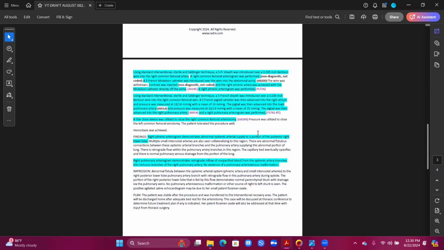So we're going to jump down into the findings, and we're going to make sure that we have diagnostic findings for the imaging that was performed. We see the findings documented for the right phrenic arteriogram, and then we also see the findings documented for the right pulmonary arteriogram as well. And then the impression is reiterating those findings that we saw from those catheterizations and contrast injections.